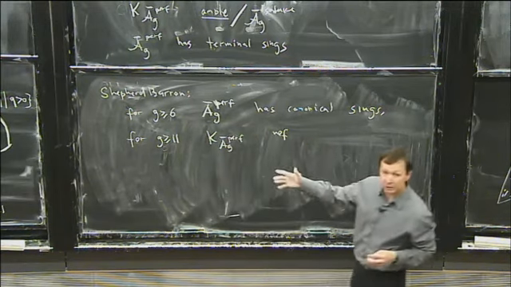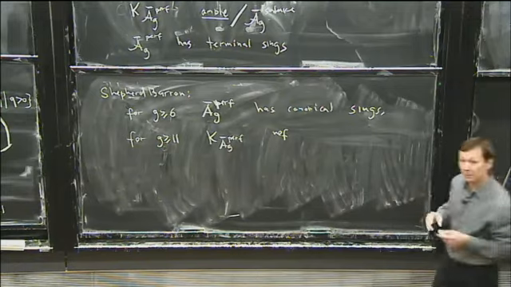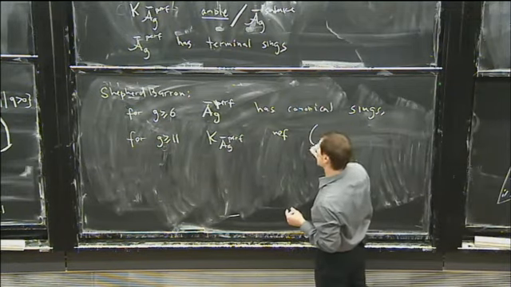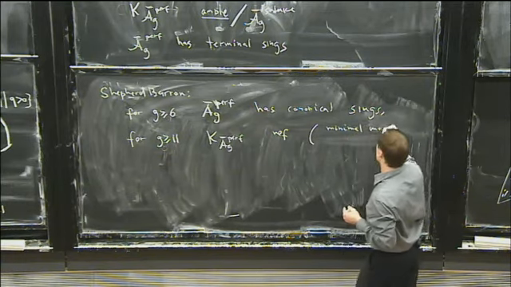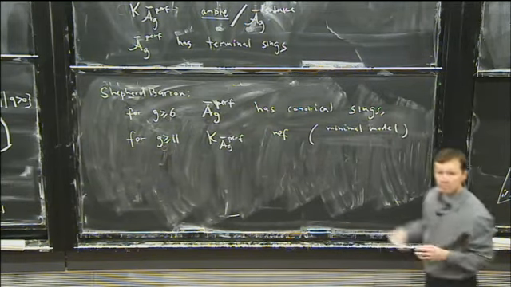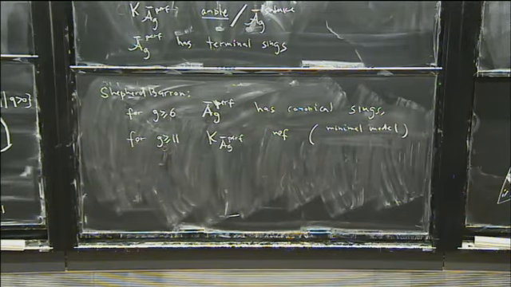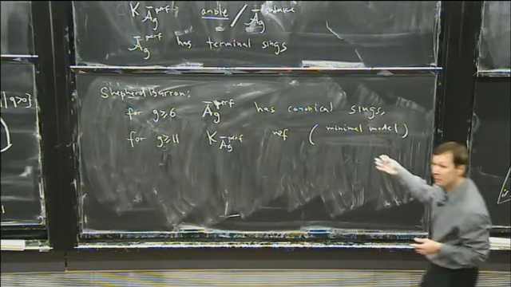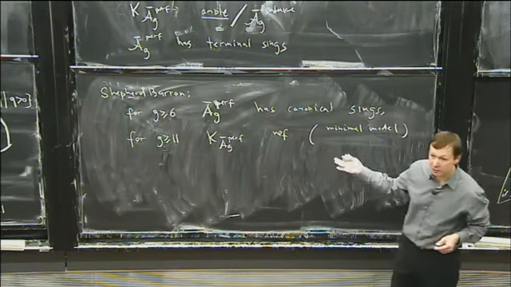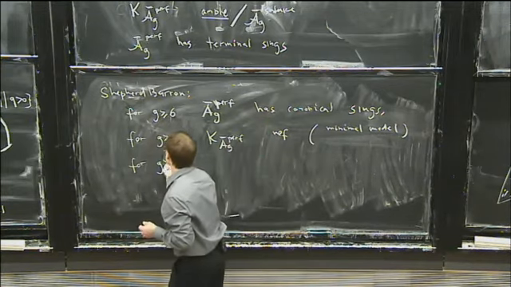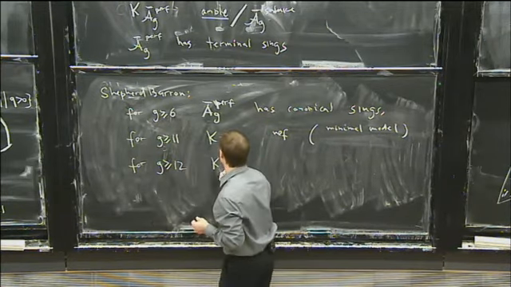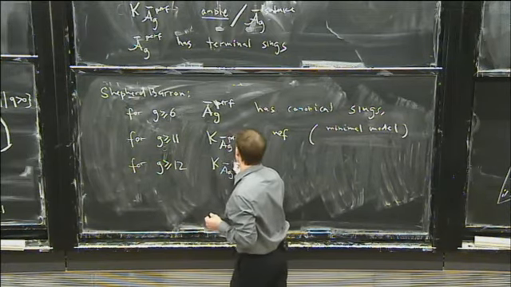Not just relatively, but absolutely. And this is what we call a minimal model in birational geometry. So it's a minimal model of any resolution of singularities of it. And for G starting with 12, the canonical class is actually ample.